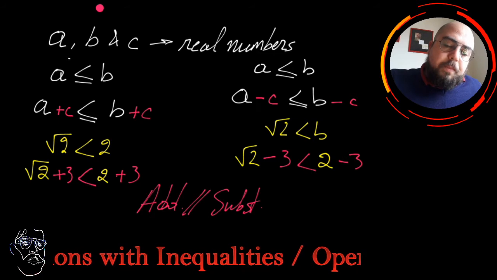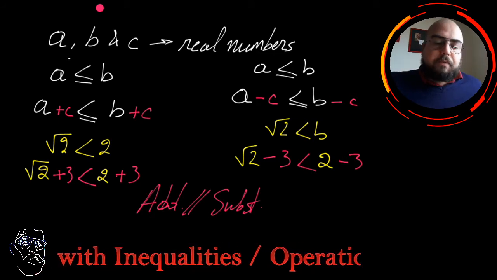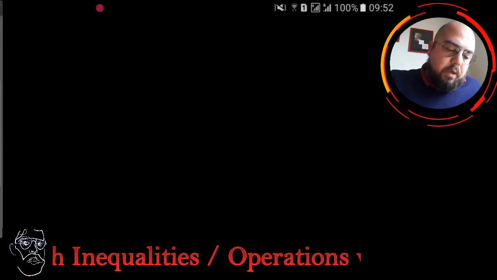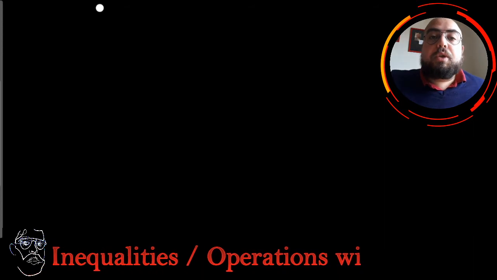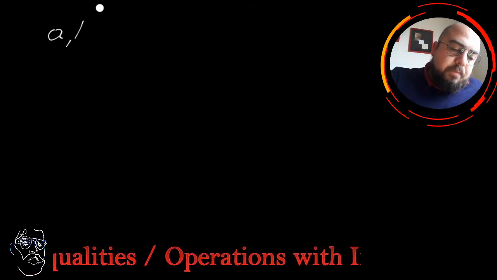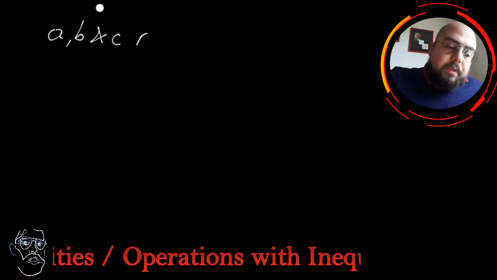Now, what about multiplication or division? Let's go to the next step and talk about multiplication or division. Again, we have A, B, and C, which are real numbers.